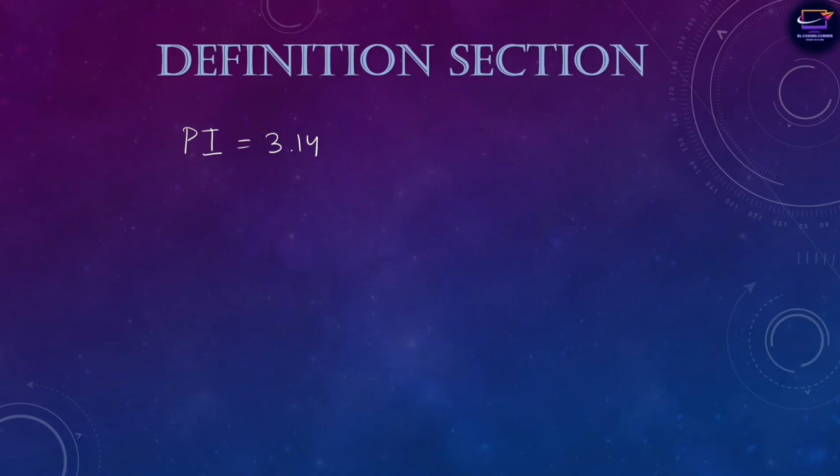And rather than writing 3.14 10 times in a program, what can we do? We can write here #define pi 3.14. This is a macro definition. Okay. So whenever pi is written in the program, everywhere it will be replaced with the 3.14 value.